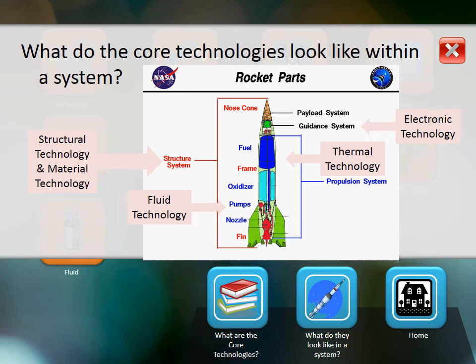There's your structure. You have your fluid technology, your thermal technology, your electronic technology. So you're going to look at 4 different technologies when you look at the system of a rocket.